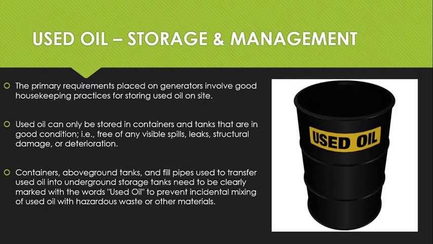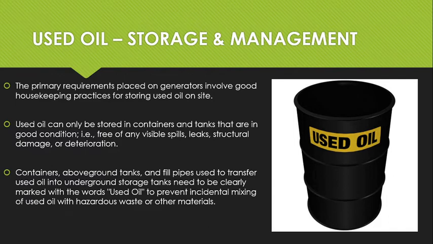Okay, so here's where we get into the used oil storage and management. Used oil can only be stored in containers and tanks that are in good condition. And any containers, tanks, whatever, that hold used oil or oily water that's going for recycle like we do, has to be labeled as used oil, and it has to be sitting in secondary containment.